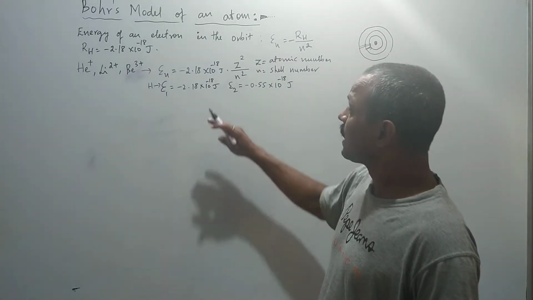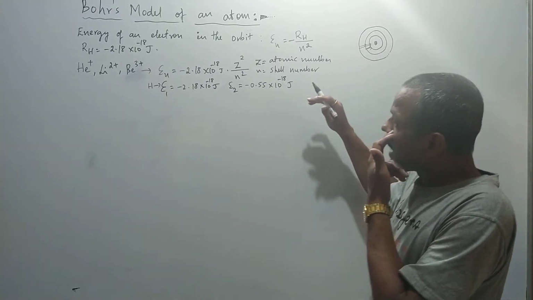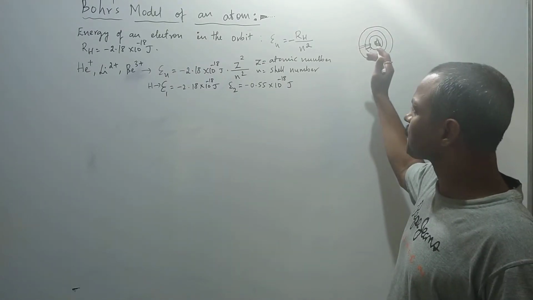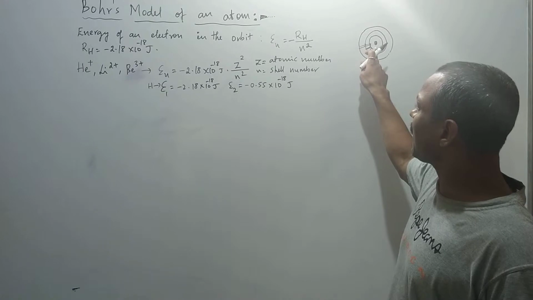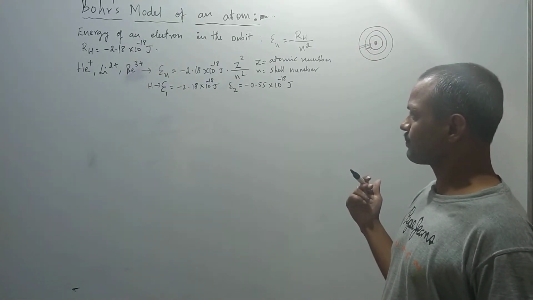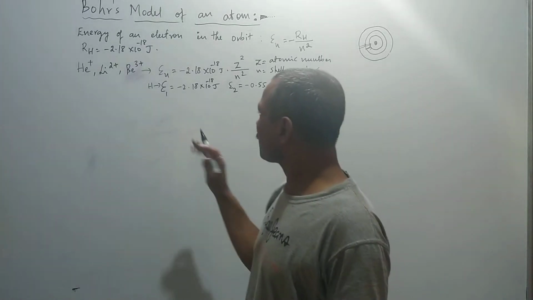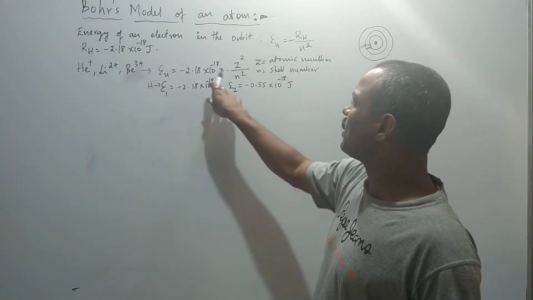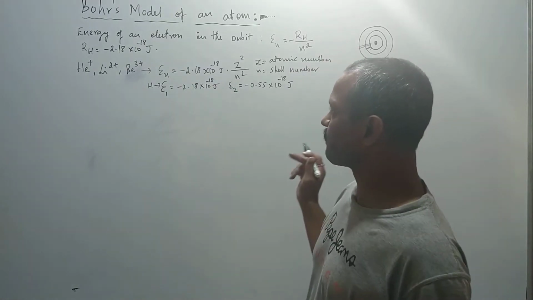That means, as we move from the center outwards, the energy of an electron increases in the particular shell. So that's why during the emission the value will become negative.